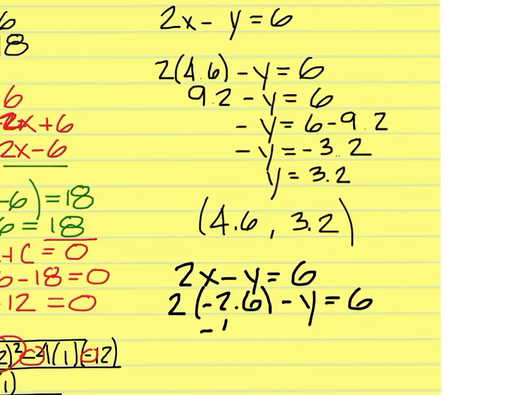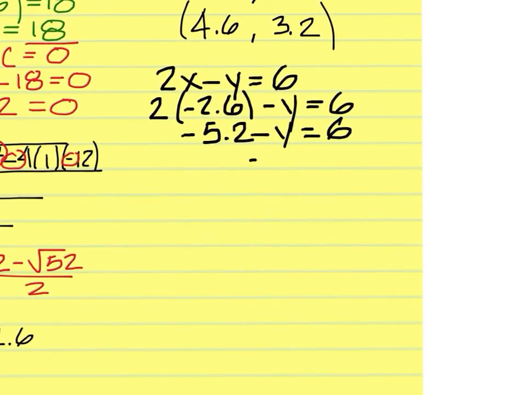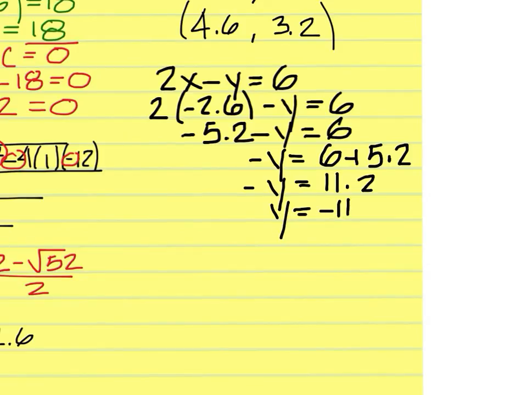So that would be a negative 5.2 minus y equals 6, and then we have to keep this minus y, keep the 6, but add 5.2 on the right, and come out with 11.2, which we have to divide by a negative 1 to get a negative 11.2. So I put in a negative 2.6 and came back with a negative 11.2.